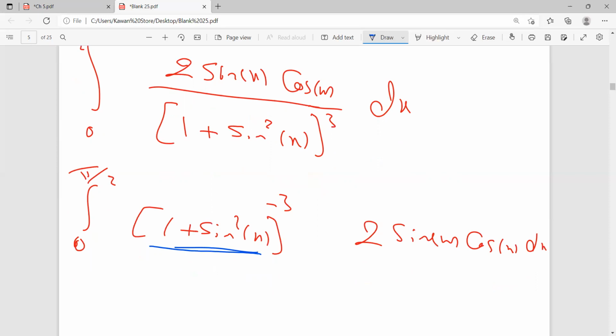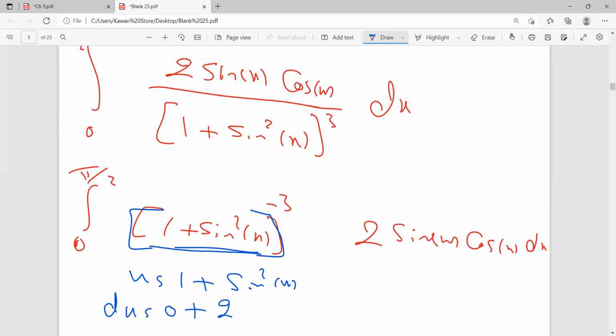So here's U, just the blue one. So U is equal to 1 plus sine square of x in my mind. Do I have the derivative outside or not? Let me check. Derivative of 1 is equal to 0. Derivative of here is equal to 2 sine of x, derivative of sine, cosine of x.